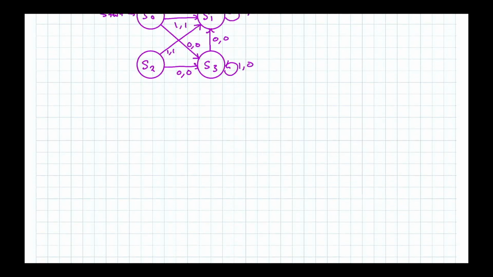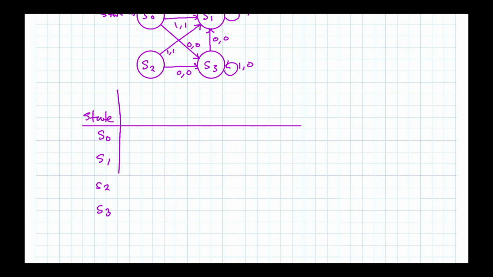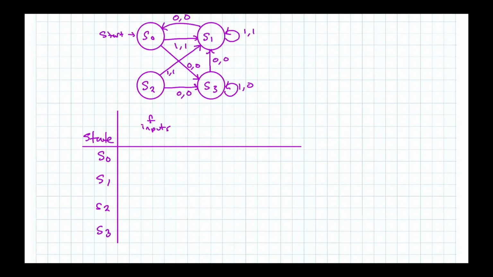So in order to do the table, you have to remember how to do this. So we have S0, S1, S2, S3. You just put your states there. You can label them. You can say state. Then you've got your function f, and your function f is going to have what inputs? Well, the inputs are whatever you see for inputs here.